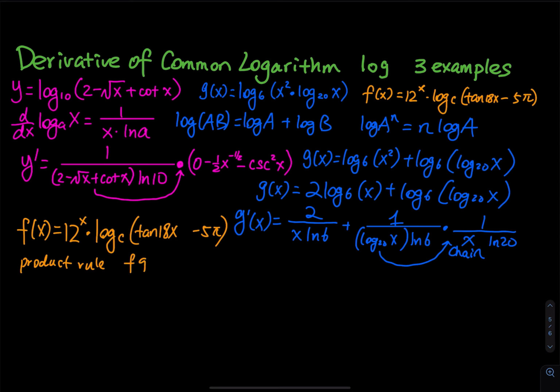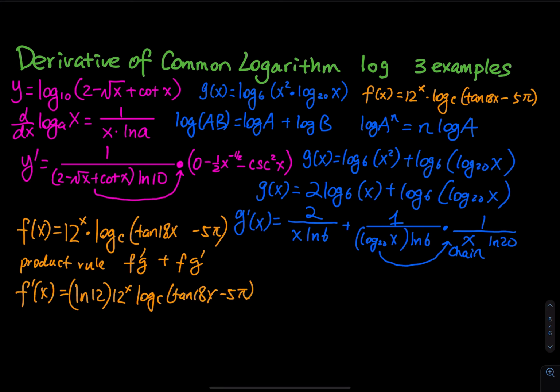The product rule is f prime g plus f g prime. f prime of x, the derivative of 12 to the x, is 12 to the x times ln 12. Then copy the log one more time, log base c of tangent 18x minus 5 pi, and then plus 12 to the x.